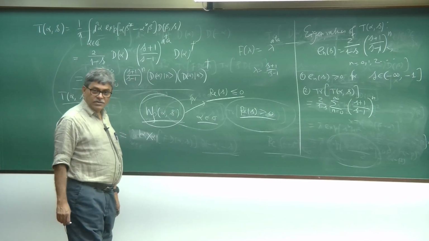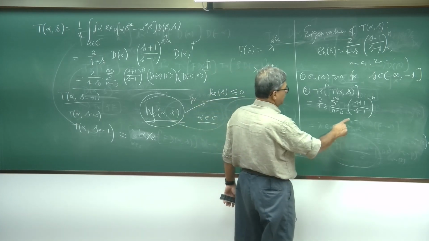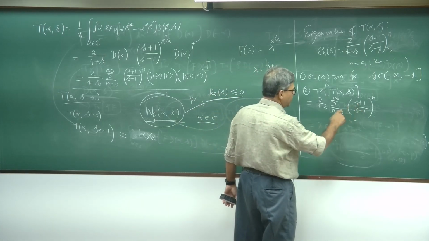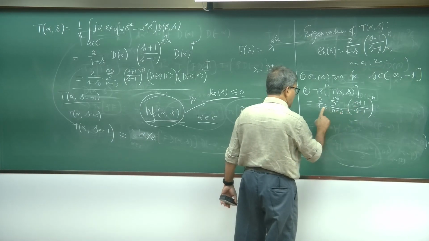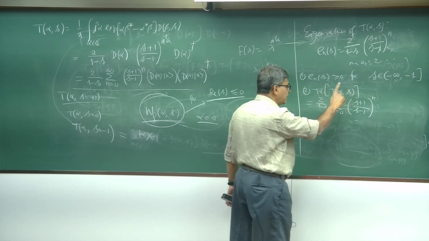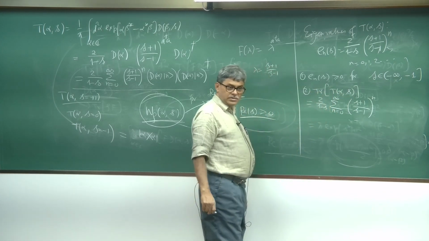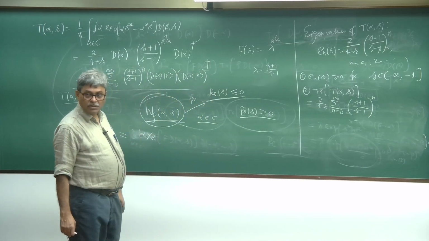That is the trace, right. And what about this? Now, if S is equal to minus 1, of course, this will be 1, right. When S is equal to minus 1, trace of this is 1. Do you agree? Trace is 1 when S equals minus 1.